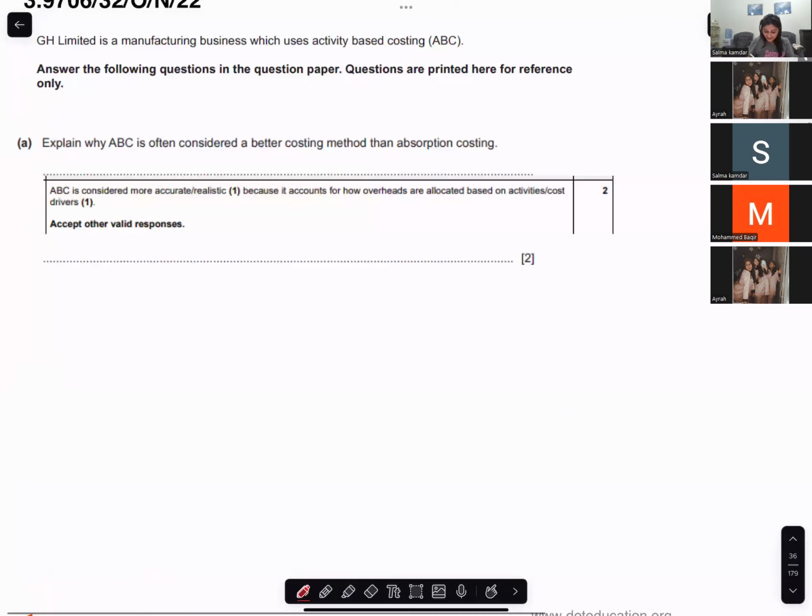So it is more realistic. That is why ABC is a better costing method than absorption costing. Are you with me?